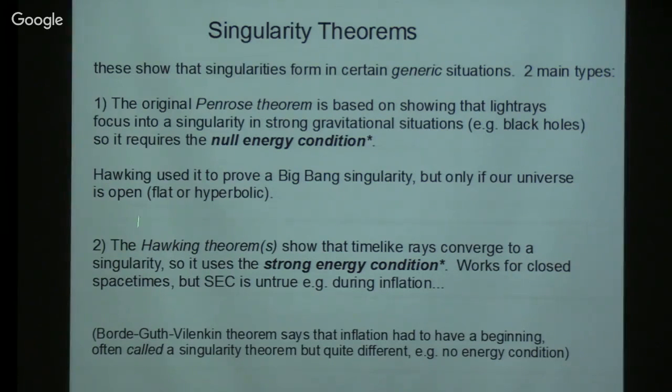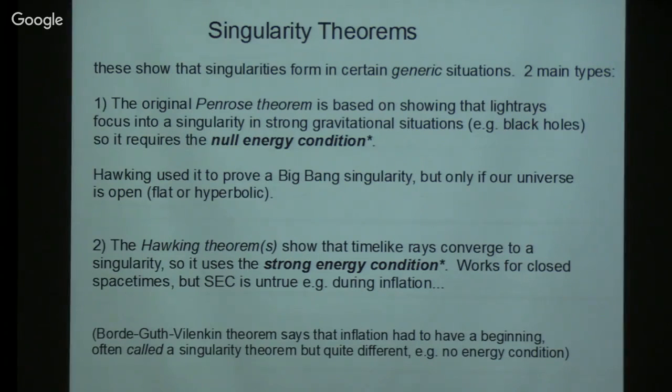There's actually two main singularity theorems that are different in their assumptions and their conclusions. The first one, the original Penrose singularity theorem, is based on thinking about how light rays focus into a singularity in certain gravitational situations, such as black holes. Because this singularity theorem is about light rays, it uses the null energy condition.